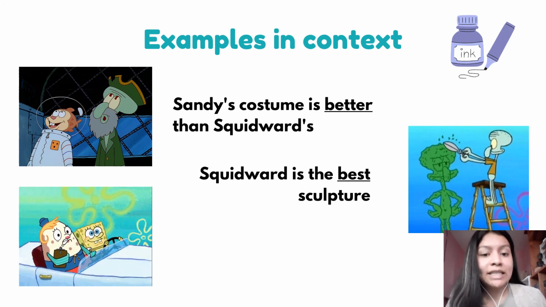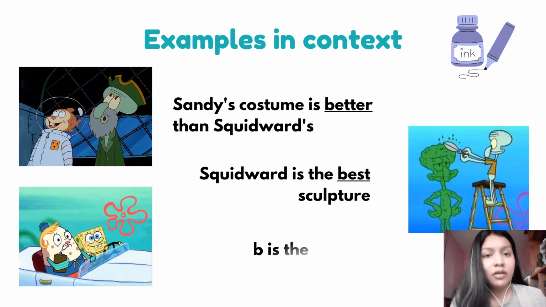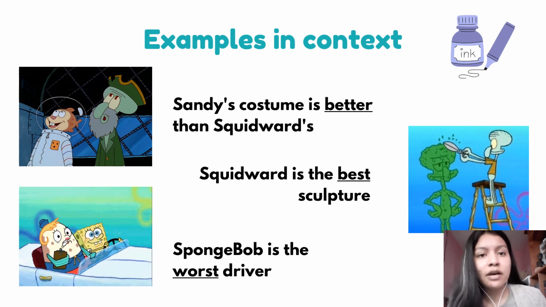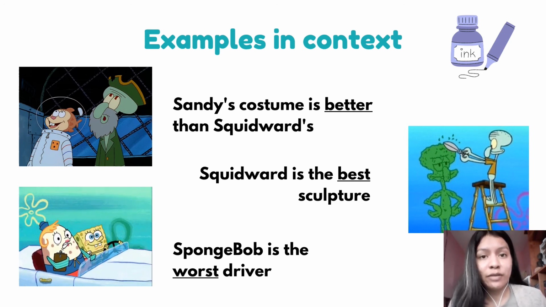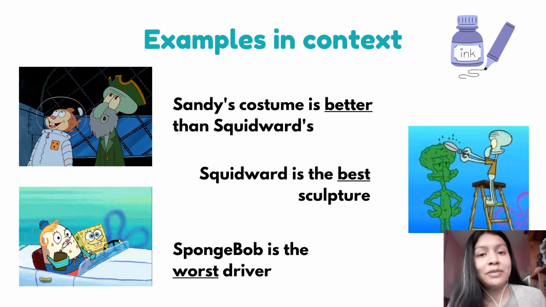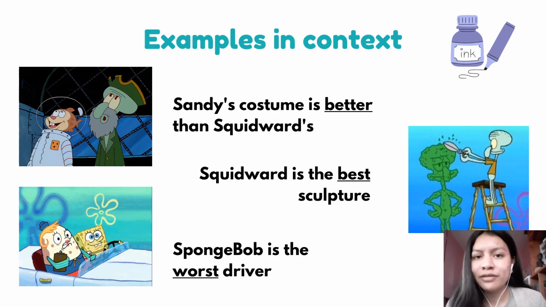So we can say Squidward is the best sculptor. The last sentence is also in a superlative form, but in this case using the adjective bad, we can say SpongeBob is the worst rapper. As you can see, our context to illustrate comparatives and superlatives will be Bikini Bottom, so I hope you find that useful.